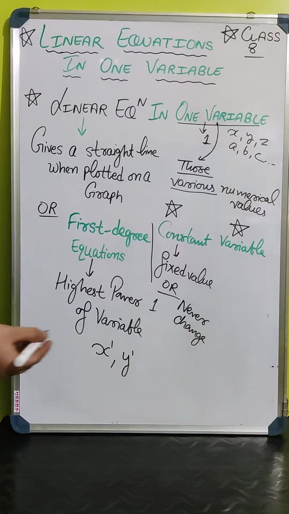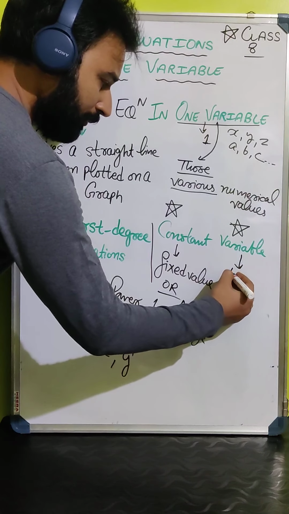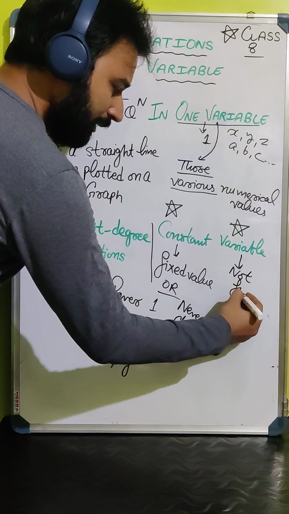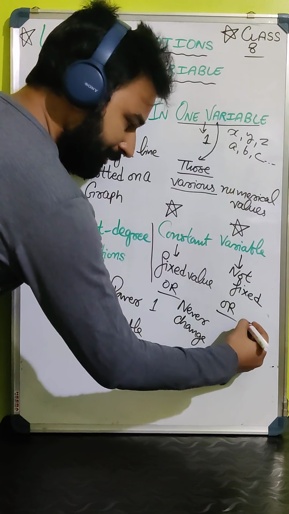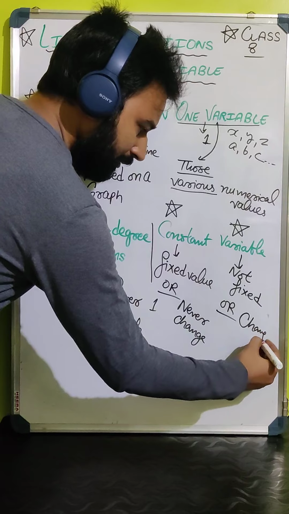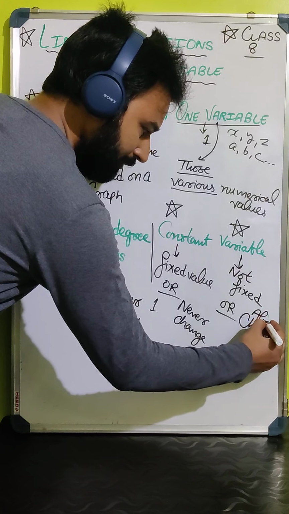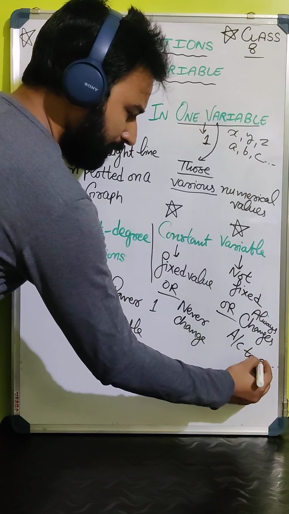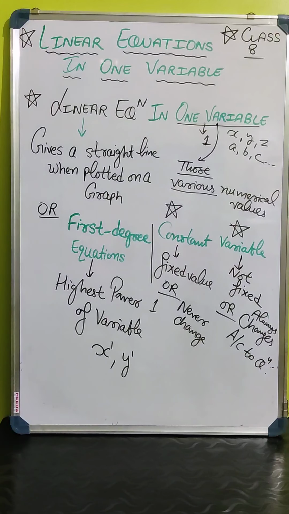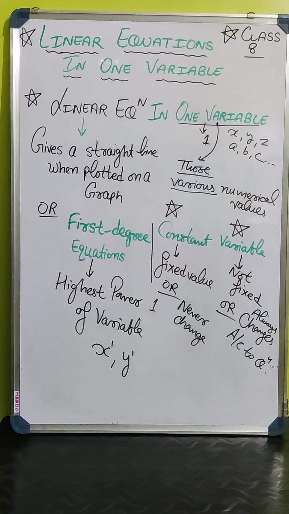What are the variables? They are not fixed. They change always according to the situation, according to the question. So constants are those whose numerical value will not change, or we can say they have a fixed value.